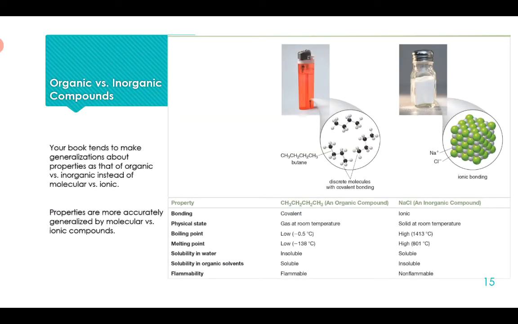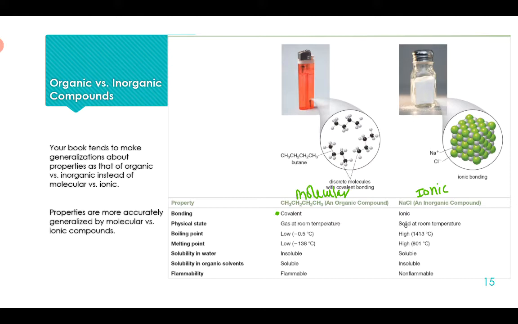This slide gives you an overview, a compare and contrast between an ionic compound like NaCl and a molecular organic compound. And so molecular compounds are always held together through covalent bonds. Ionic compounds are held together through ionic bonds, kind of in the name. And so a lot of molecular compounds exist as gases at room temperature.